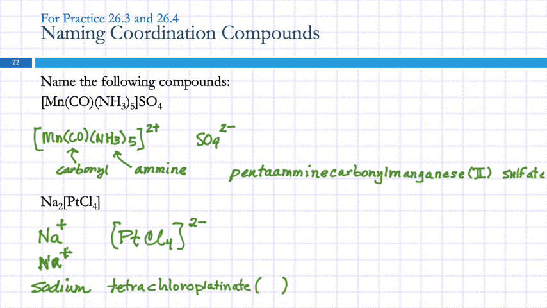So we're going to look at what's going on inside here. We've got 4 chlorides, right? So that's 4 times -1. So -4 there. And we want an overall charge of -2. So what's the platinum? Must be +2.